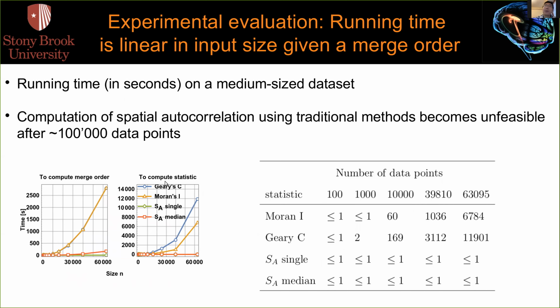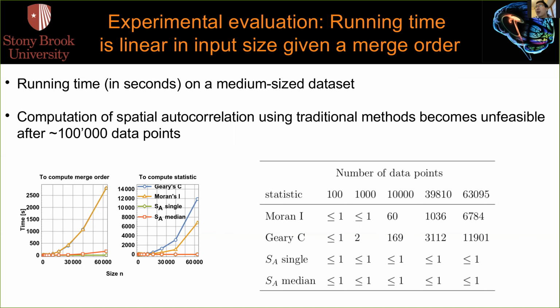And now runtime considerations. Here we show the two different stages of the computation, where we split it into the merge order computation on the coordinates of the data points and the computation of the statistic on the feature variables, the z's, given the merge order.